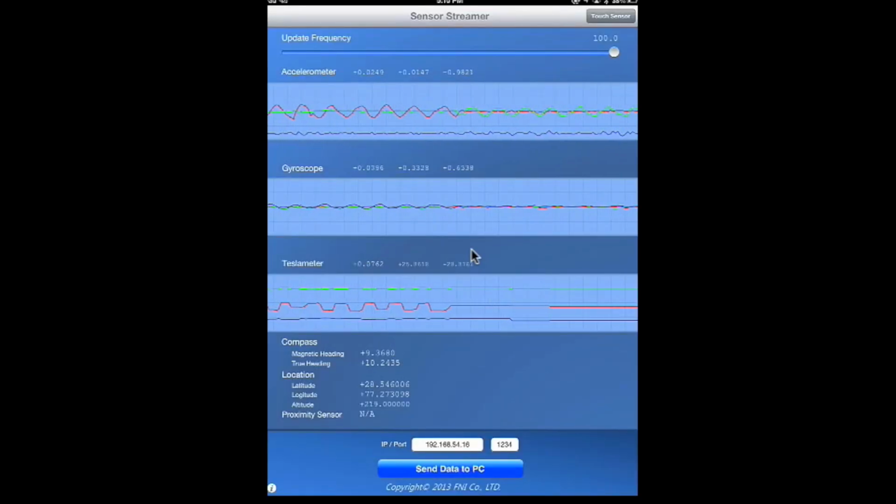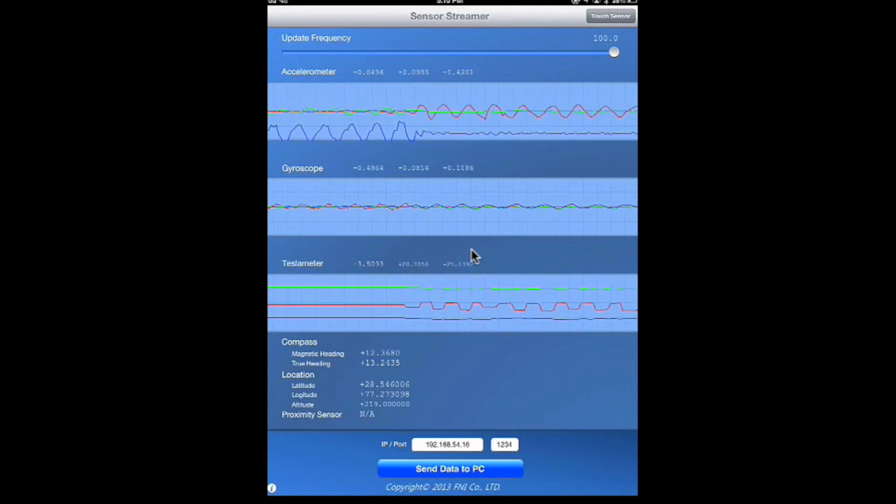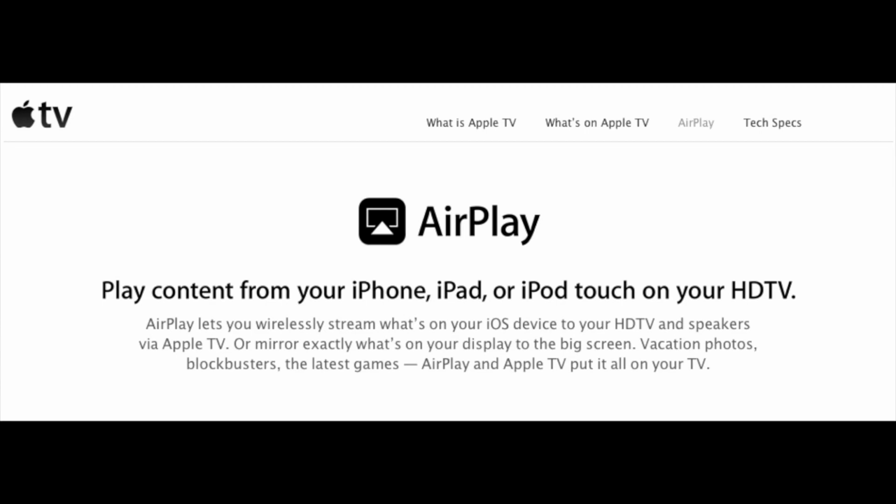Now, there aren't direct ways to screen capture mobile devices, so we came up with the following solution. We used an iOS app called Sensor Streamer which plots graphs for accelerometer, gyroscope and Tesla meter on the same screen. To screencast the iPad, we used its inbuilt function AirPlay, which is actually meant to screencast its screen on HD TVs using an Apple TV.